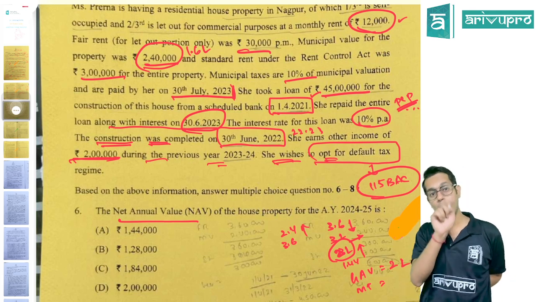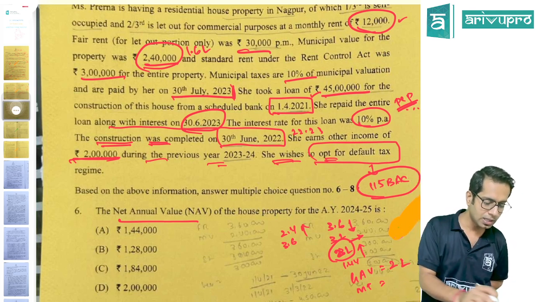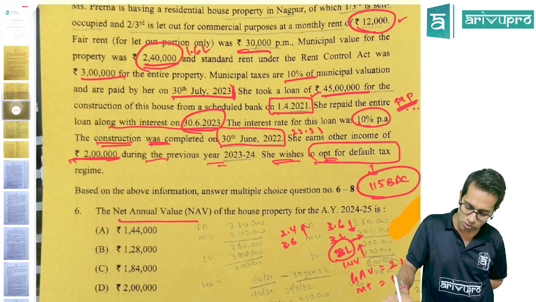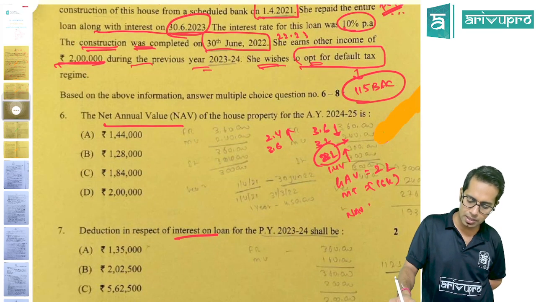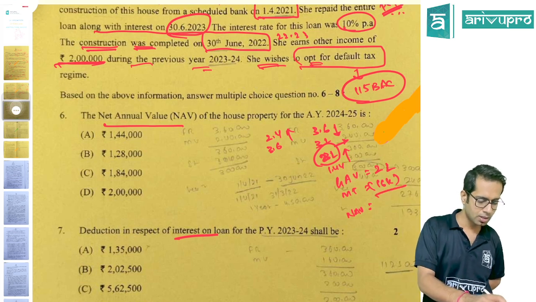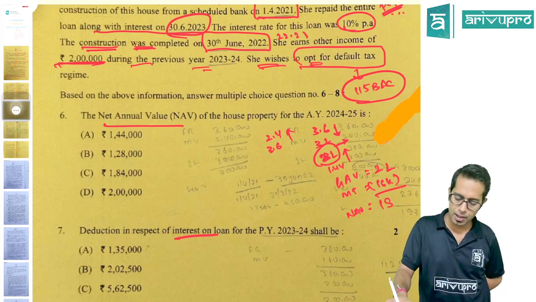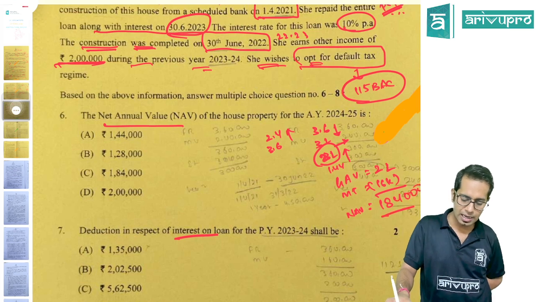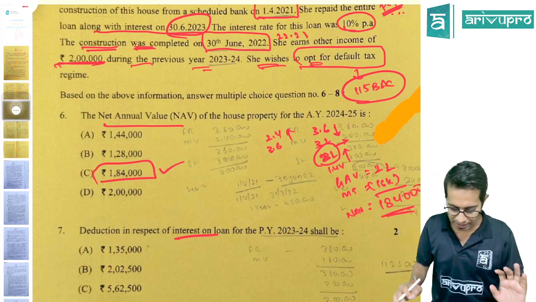This is for the entire property. I should take proportionately only for let out purpose, into 2 divided by 3. So this will come to 16,000 rupees. So now what is my net annual value, sir? My net annual value is 2 lakh minus 16,000, which is 1,84,000. So whoever has got this answer of 1,84,000 has given the right answer.